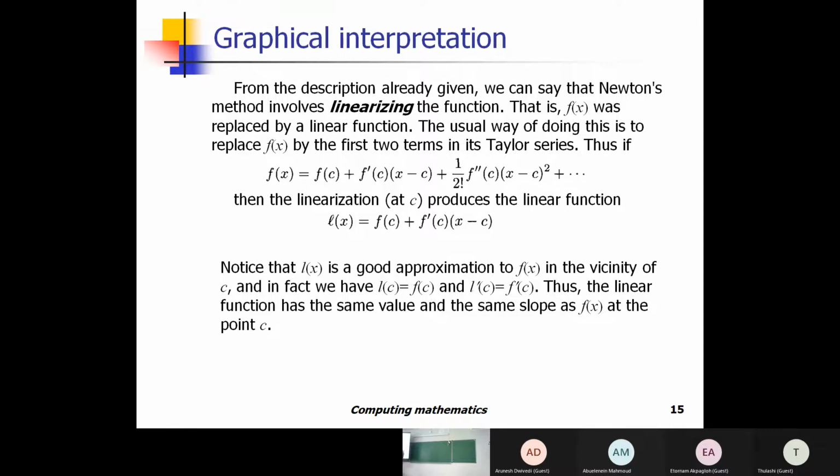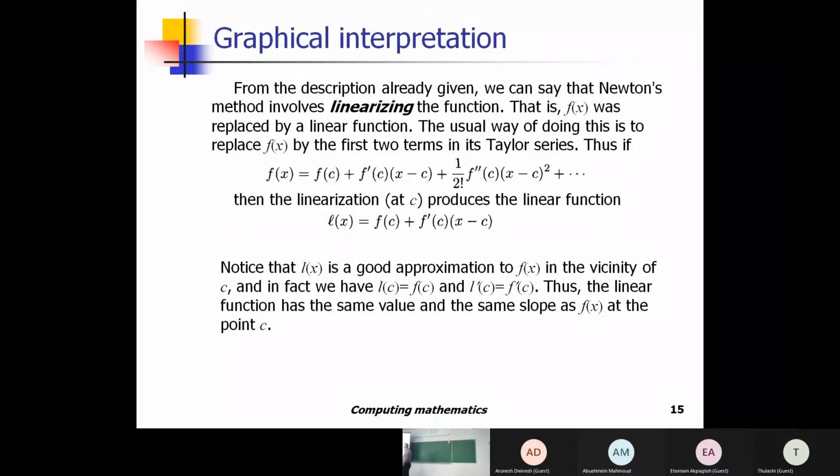The real value of the function f of x can be written using Taylor's series as f of c plus f prime c times (x minus c) plus 1 over 2 factorial, second derivative f of c, and so on.